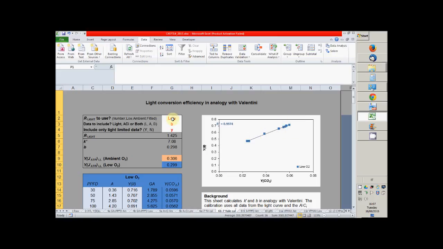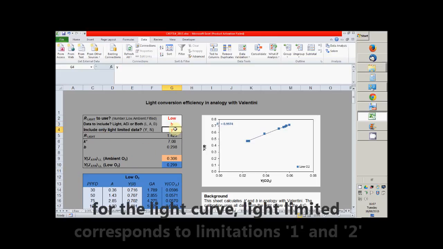Here we can specify a few things: what respiration in the light to use, what data to include, if just data from the light curve, data from the ACI curve, or both datasets. And then finally we can specify whether to include only the light limited data or not.